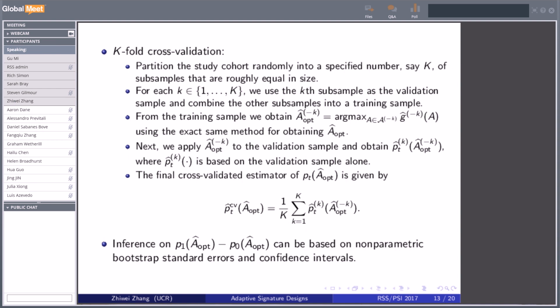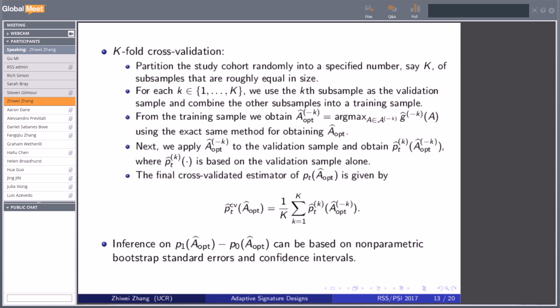Now, this estimate here is free of selection bias because the two components, P_T hat and A hat, are based on independent data, as indicated by their superscripts. And that's the whole point of cross-validation.